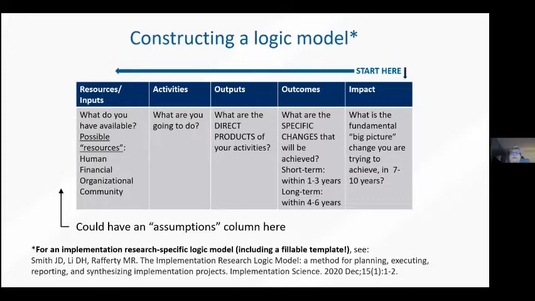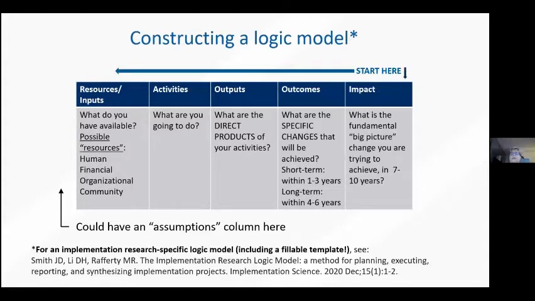So this is sort of a classic bare bones logic model that, for those of you who have a background in public health, it's going to be very familiar. I think probably the best advice I ever got about designing a logic model is that you start from the far right.